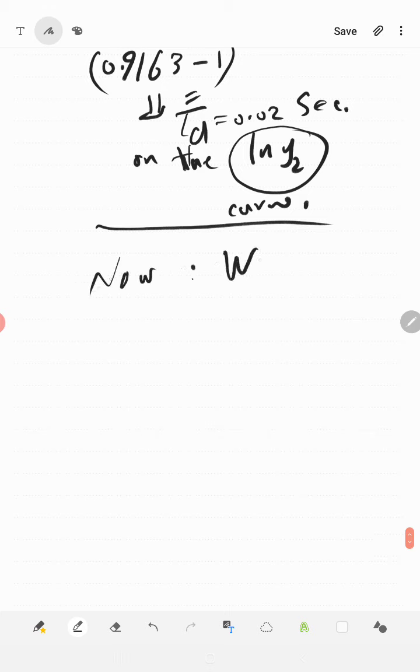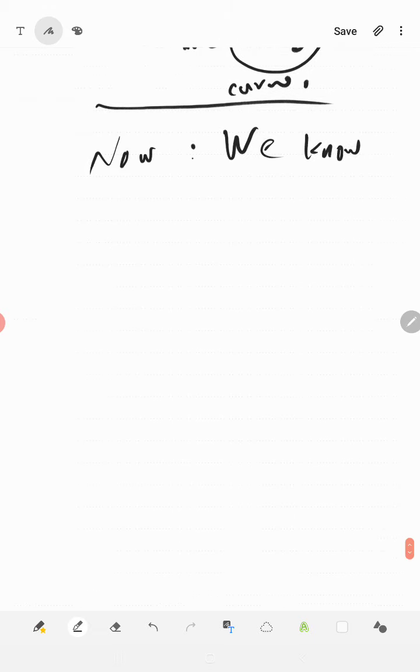Now we know I steady state, A1, A2, tau d transient, and tau d subtransient.